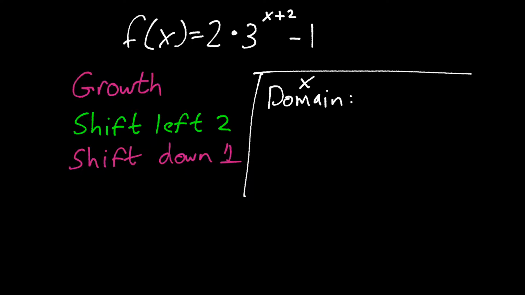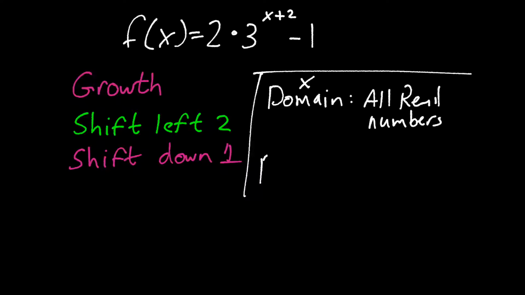For the domain, any of our exponential functions are pretty much going to have the same domain, which is all real numbers. Because whether it's negative infinity or positive infinity, the function will eventually reach it.